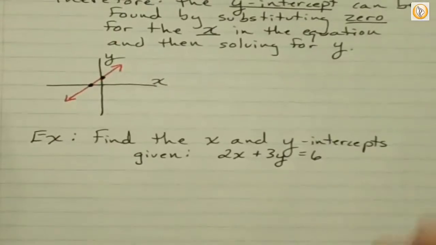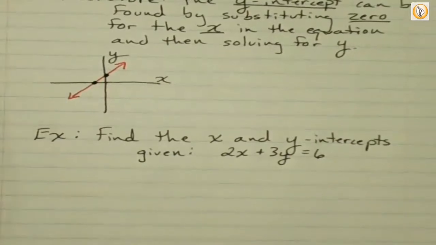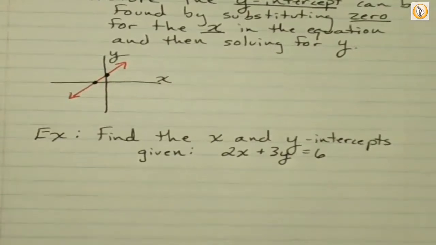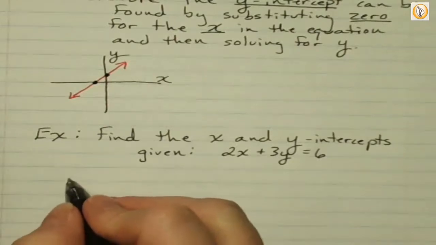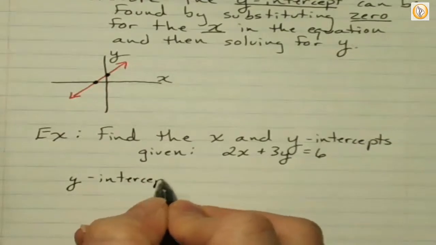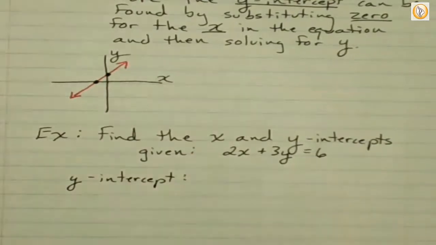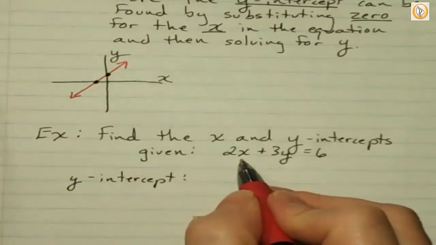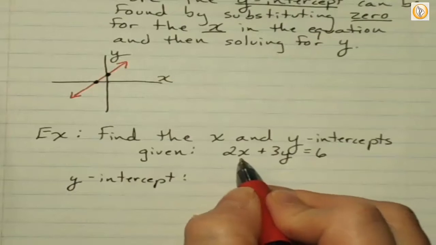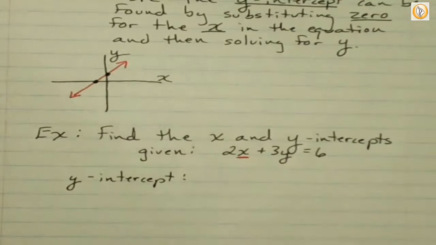So there's your equation, and they said find the x and y intercepts. To find the y-intercept, we're going to sub this x with 0.